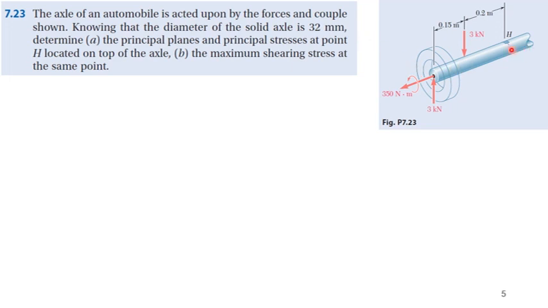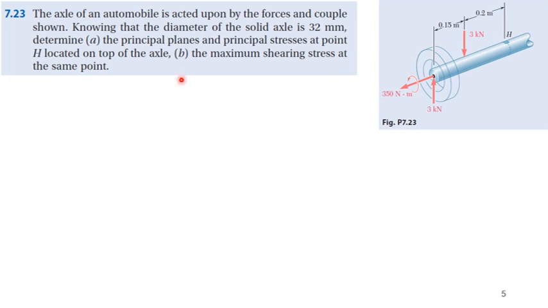So let's suppose this is an axle of an automobile where we have a 3 kilonewton force acting upward and 3 kilonewton acting downward, with a distance of 0.35 meter from H, and this 3 kilonewton acting downward is 0.2 meter from H, and a couple, this moment is also acting, and that is 350 newton meter.